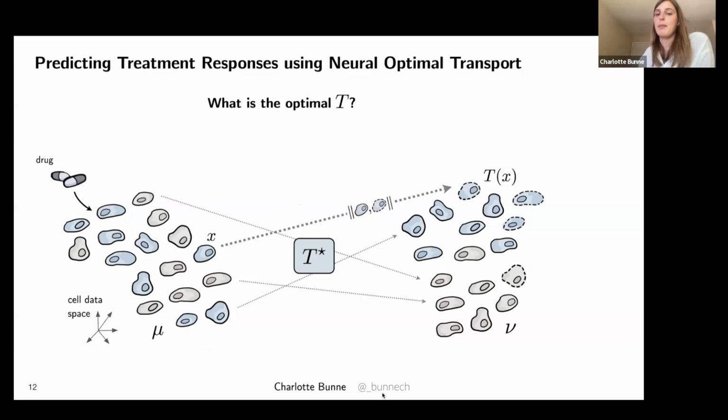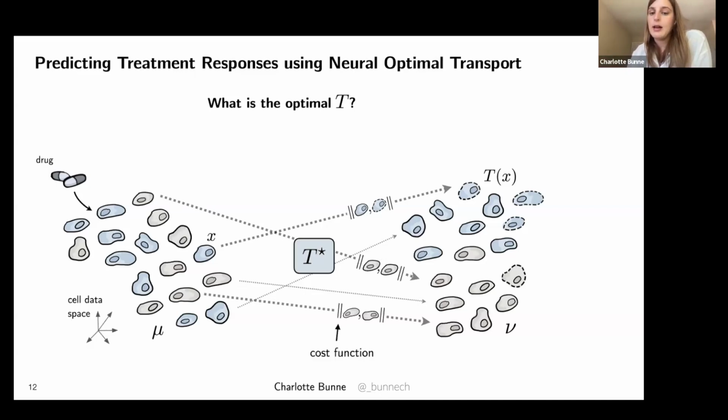And we are going to make a hypothesis that the cells are all continuously going to change upon drug, like the features are continuously changing, and that the matching overall minimizes the discrepancy of my cell state before and after. So I'm going to find the one which would follow the path of minimum effort, of shortest path in the space of measures, and this is going to be the most likely map that explains these cellular dynamics, given, of course, some choice of cost function.